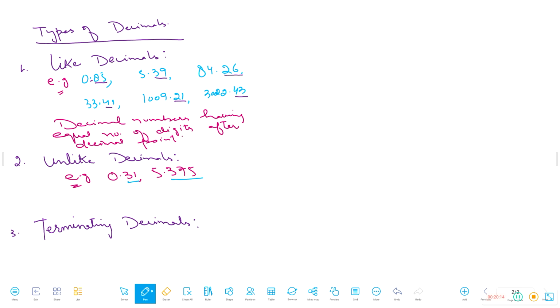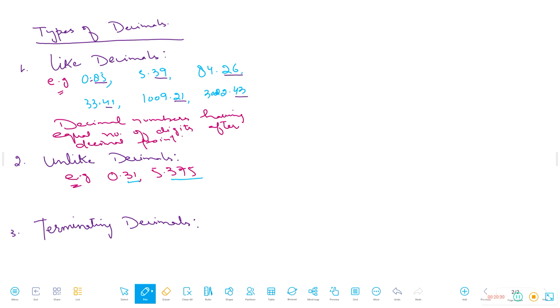So ये equal number of digits इनमें contain ही नहीं कर रहे, इसमें 2 है और इसमें 3 है. So whenever there are unequal number of digits in the decimal part in 2 or more decimal numbers, we say that those decimal numbers are unlike decimal numbers.